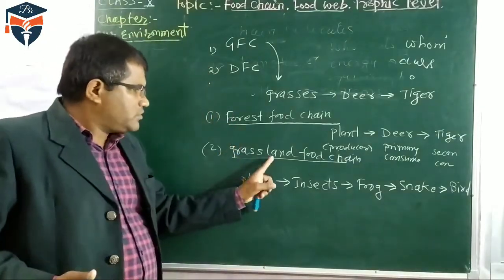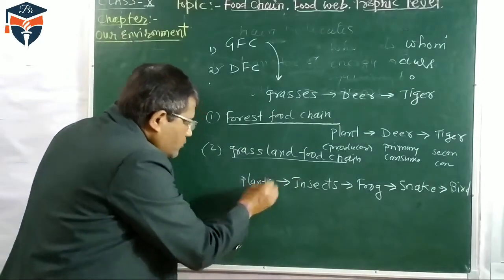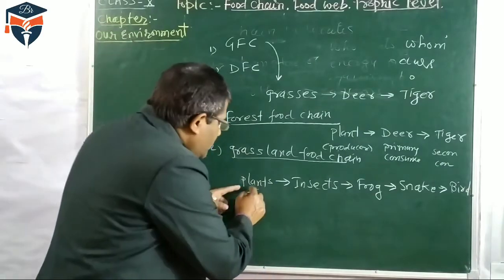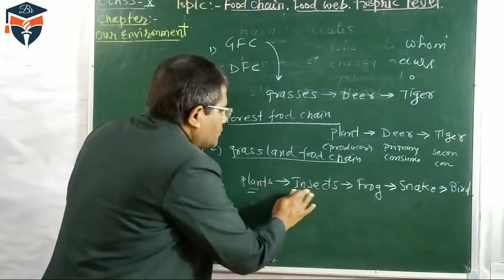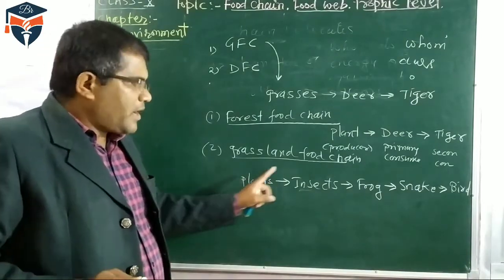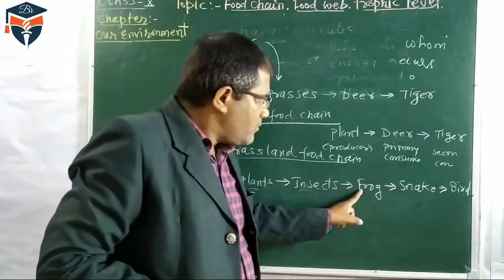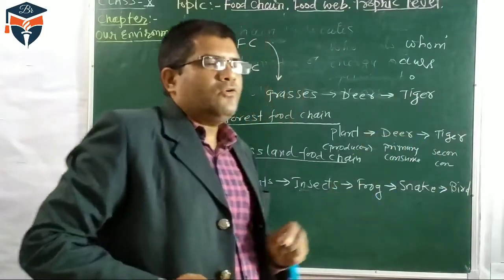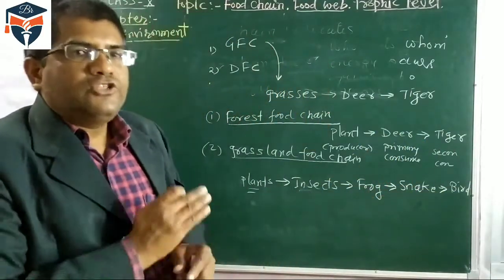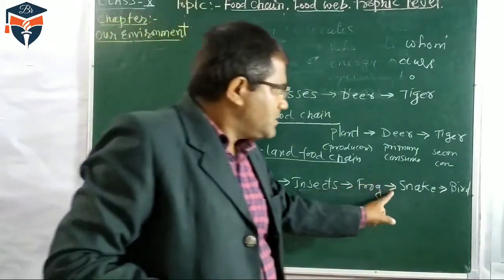In the grassland ecosystem, the primary producers are plants. They trap solar energy and prepare food. Then the plants are consumed by insects. So transfer of energy takes place from plant to insect, insect to frog, frog to snake, and snake to bird. When the birds feed on the snake, energy is transferred from snake to bird.